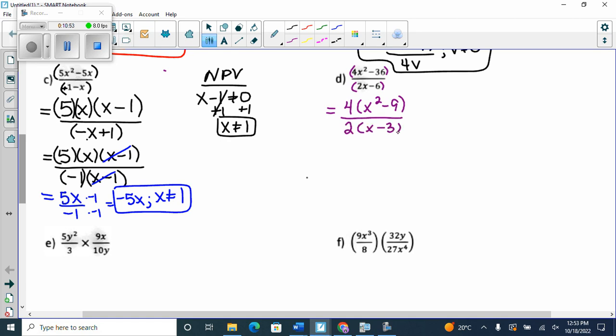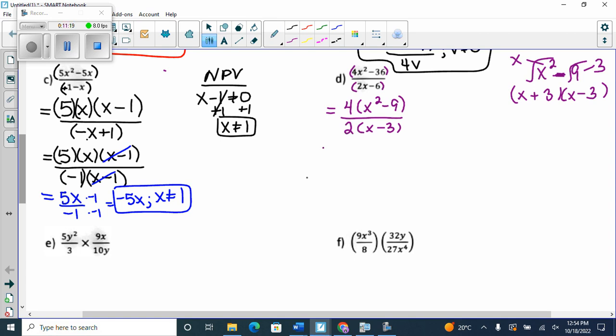The key thing to the x squared minus 9 is it is a difference of squares. So we have to be able to spot those, or we're not going to simplify them. Square root of x squared is x. Square root of 9 is 3. We have a different sign, so it is a difference of squares. We're going to get x at the front of each bracket, 3 at the back of each bracket, and then one of them has to be positive and one of them has to be negative. So we have to spot the difference of squares questions.